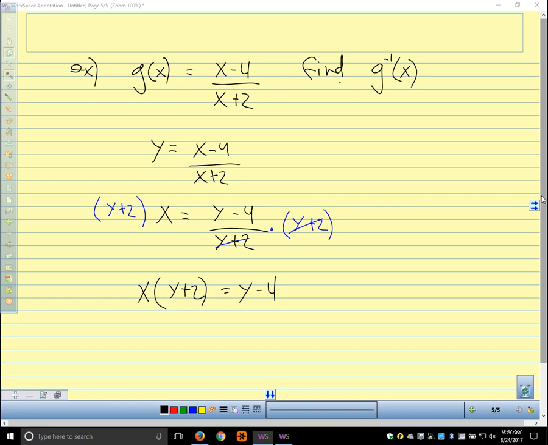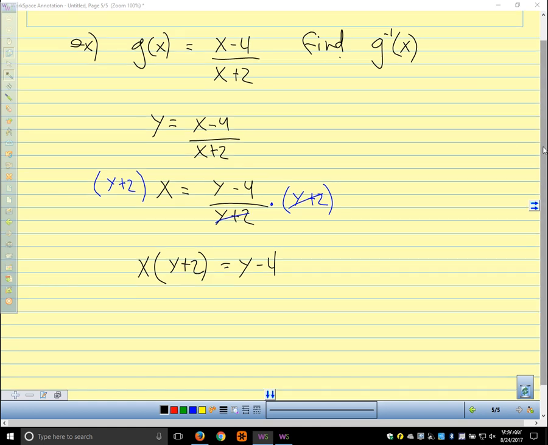What step seems to make sense next? Let's distribute that x. We have these parentheses. So I'm going to write this as xy plus 2x equals y minus 4.